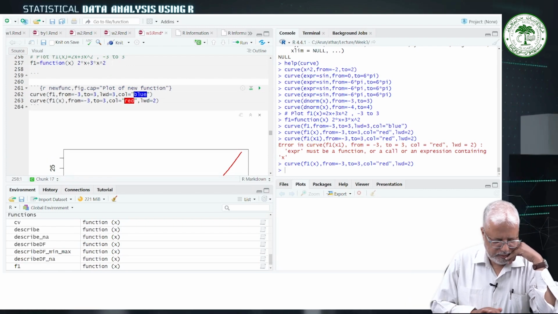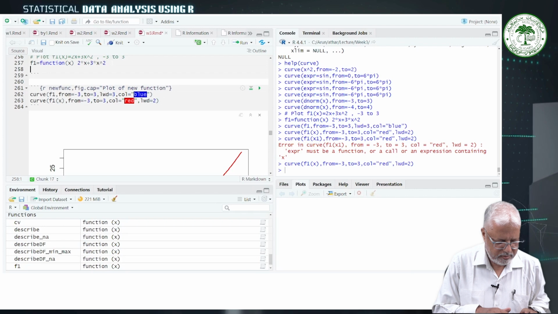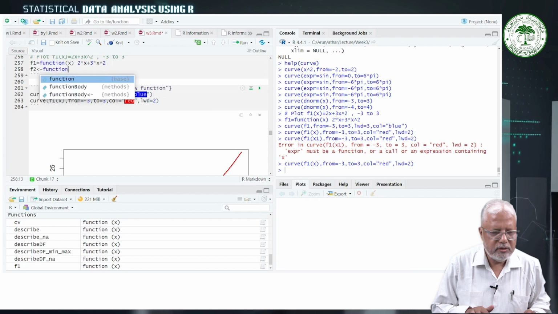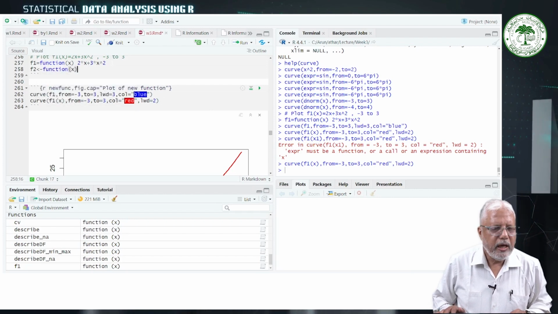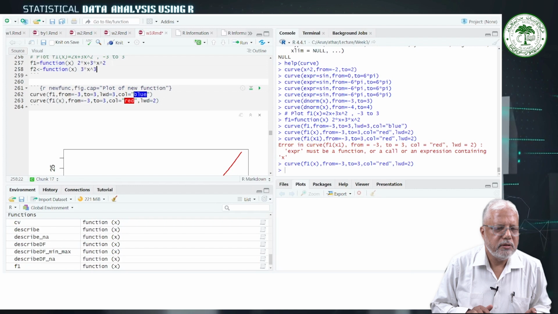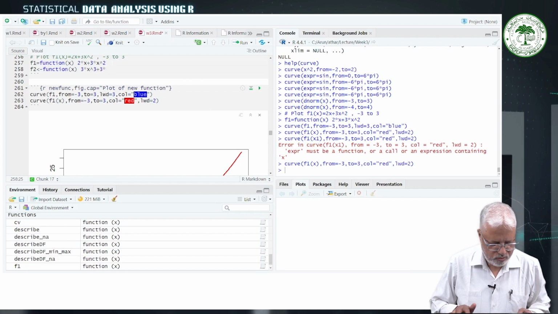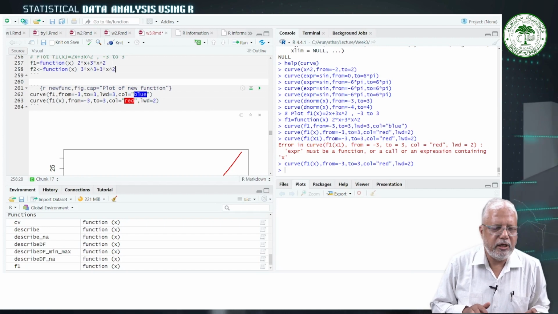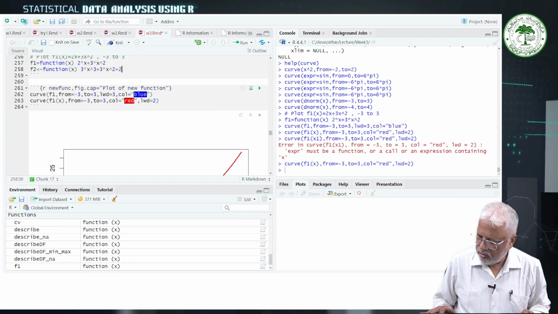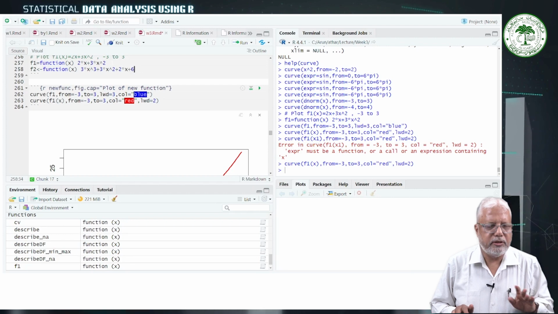For example, suppose you define a function f2 is equal to function of x, and the expression is 3 into x raised to the power 3 plus 3 into x square, again a polynomial, plus twice into x plus some constant, say for example 6.